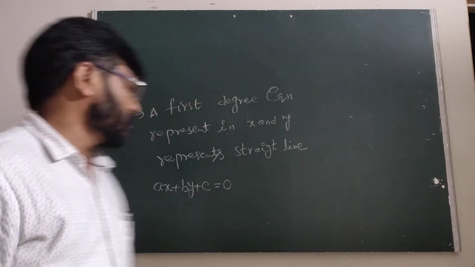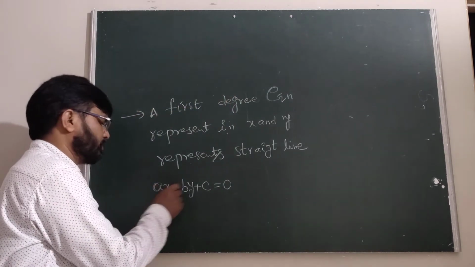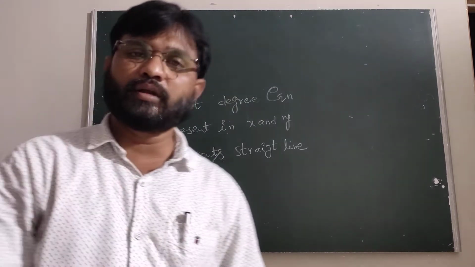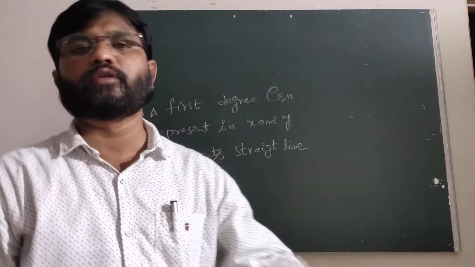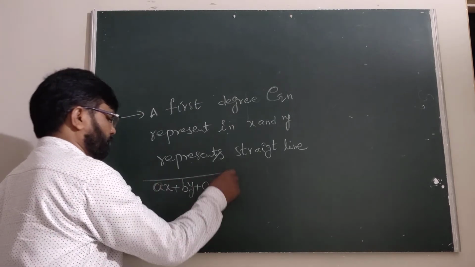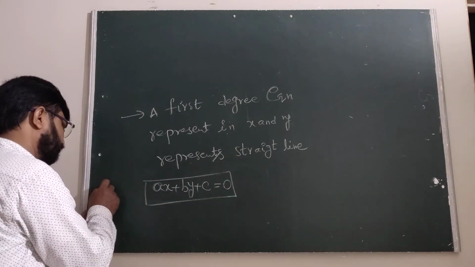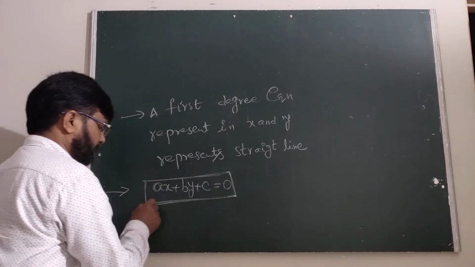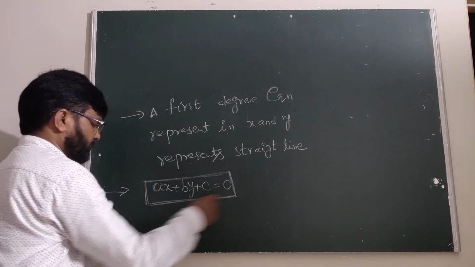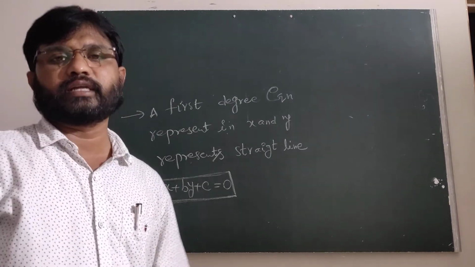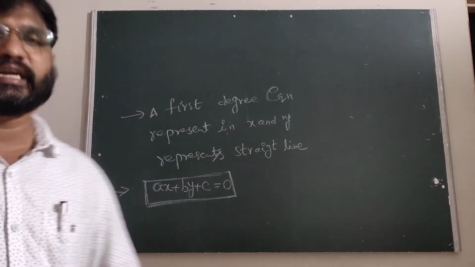So either a not equal to 0 or b not equal to 0. For a first degree equation in x and y, we always take ax plus by plus c equals 0.